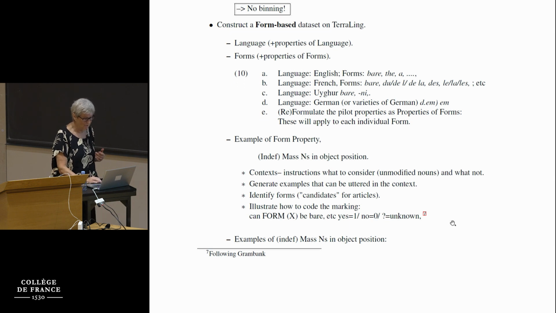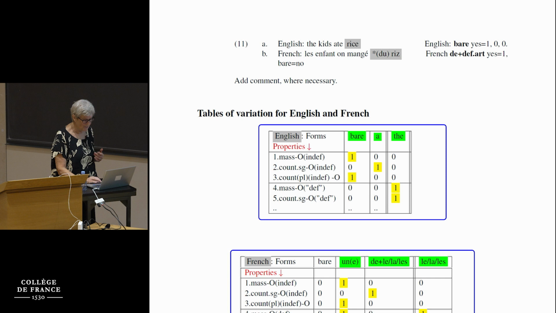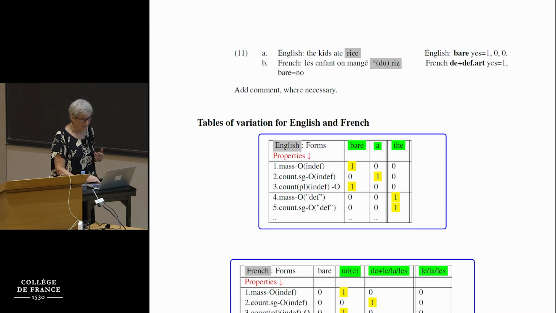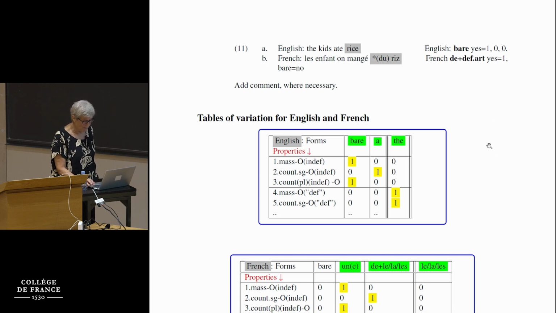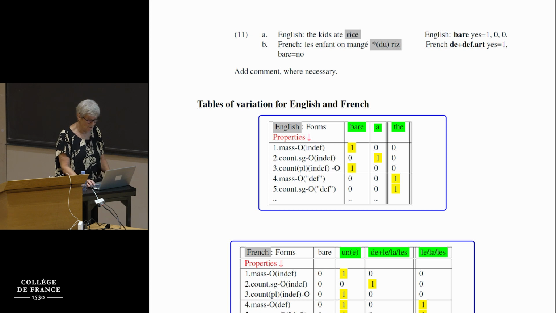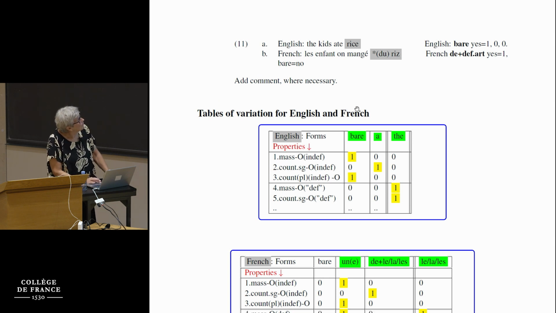So for example, for indefinite noun phrases in object position, we see that in English the form is bare, and there's no other form possible. We can put this in a table that might be easier to read, a table of variation for English. English would have forms that can be bare, a, or the.